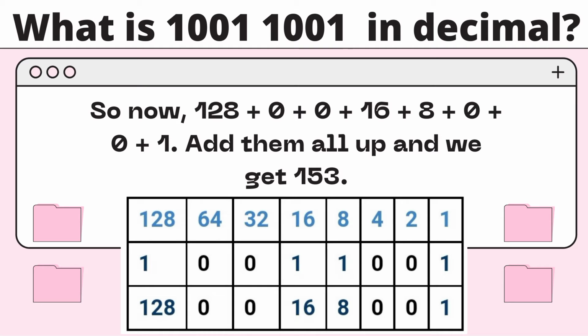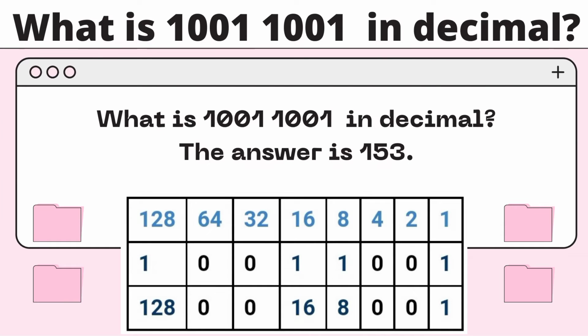So now, 128 plus 0 plus 0 plus 16 plus 8 plus 0 plus 0 plus 1. Add them all up and we get 153. What is 10011001 in decimal? The answer is 153.